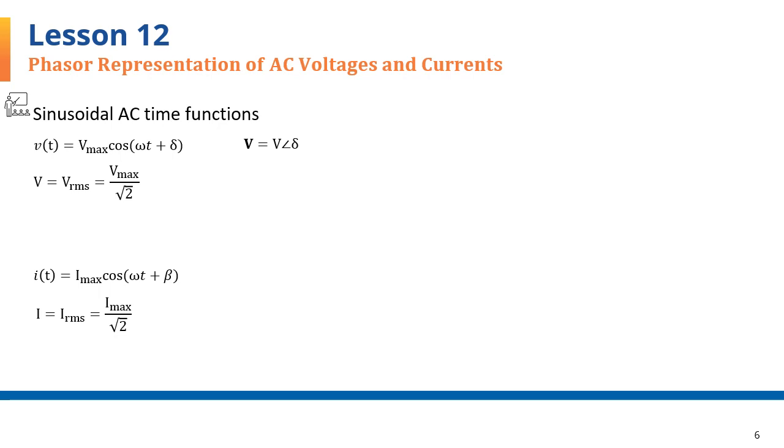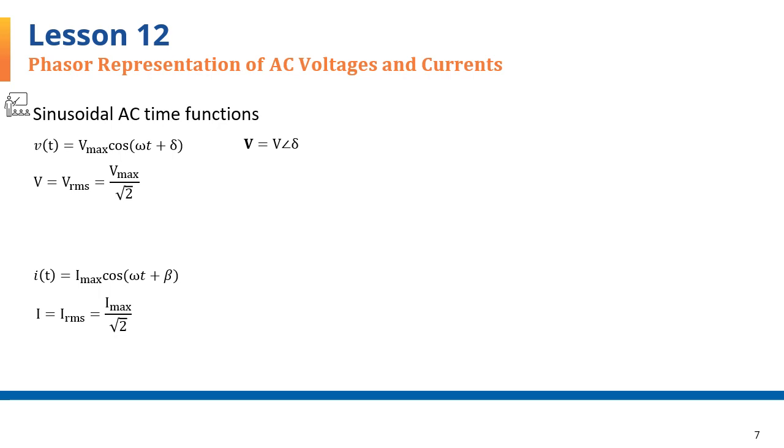Usually a phasor quantity is written out in bold typeface, while the scalar quantity is written as an ordinary letter without making it into bold. Delta can be in degrees or radians, as long as we keep track of its unit.